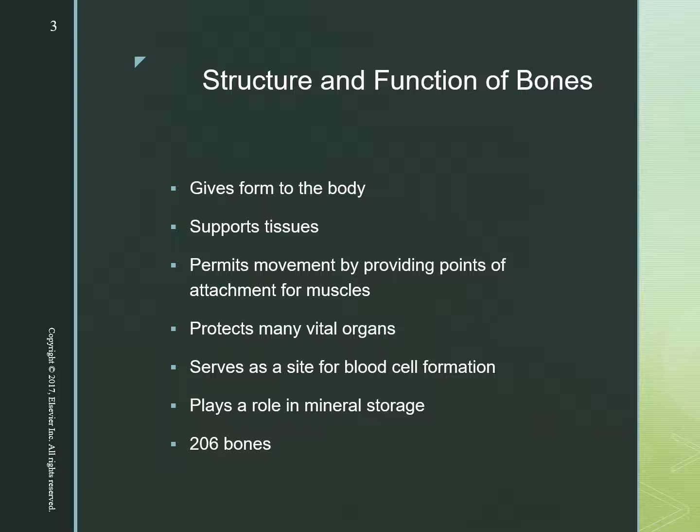So the musculoskeletal system gives structure and function. The bone gives form to the body, supports tissue, and permits movement by providing points of attachment for the muscles. It protects many vital organs, serves as a site for blood and cell formation, and plays a role in mineral storage.